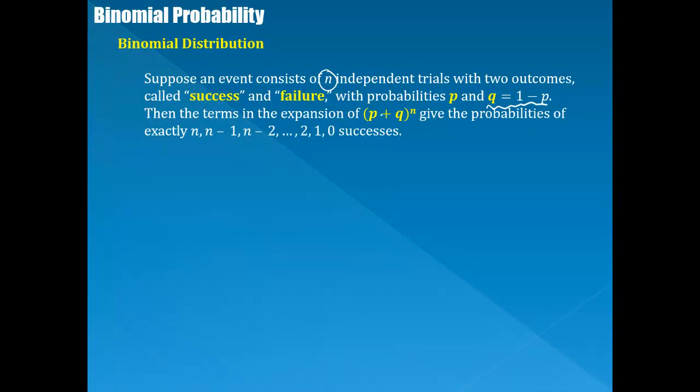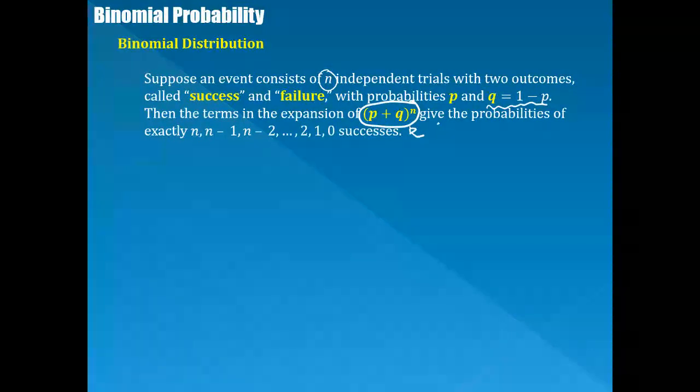Then the terms in the expansion, (P plus Q) to the power of n, give the probabilities of exactly n successes, n minus 1, however many trials there are. So you could get up to n successes, or you get n minus 1 successes, n minus 2. That's the binomial expansion that's happening. The other thing I want you to take a look at is, what is this really equivalent to?